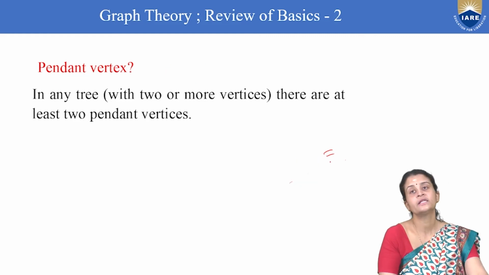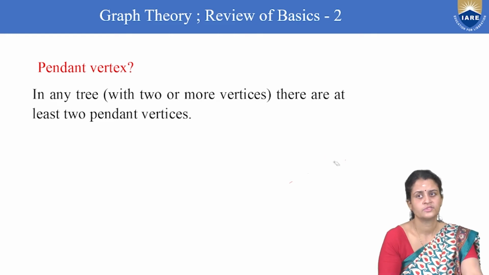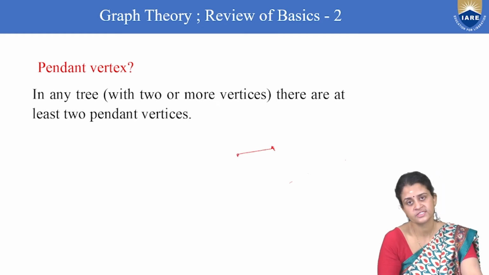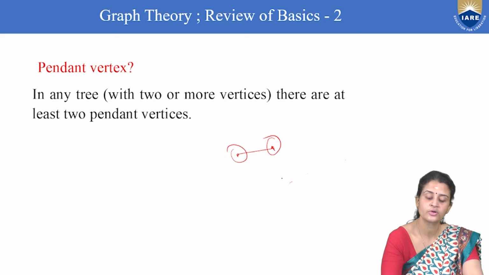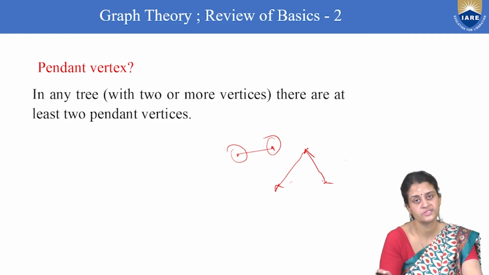In any tree with 2 or more vertices, there are at least 2 pendant vertices. Suppose I have a tree with 2 vertices. How many pendant vertices do I have here? We have 2 pendant vertices. Suppose I draw a tree with 3 vertices like this. This is a tree. How many pendant vertices? 2.